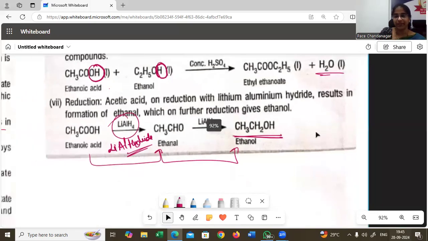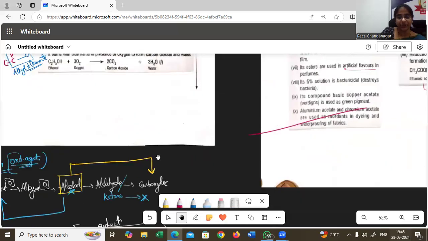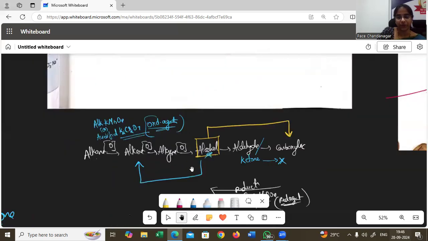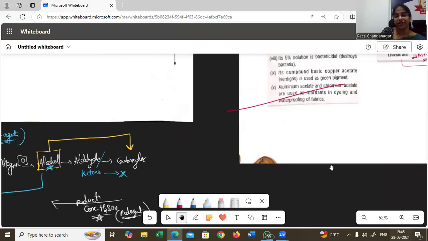You would see that reduction on carboxylic acid will show you your alcohol, right? So these are your reactions shown here for your alcohols.